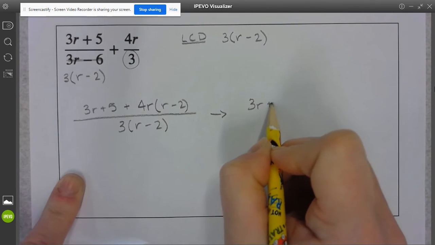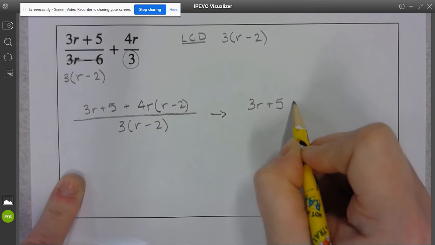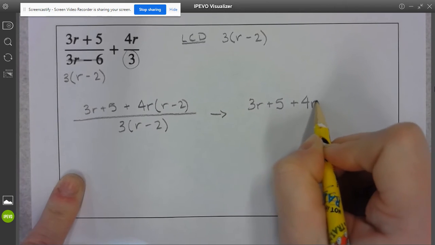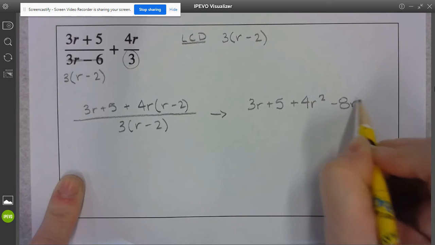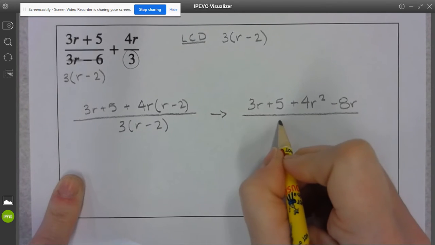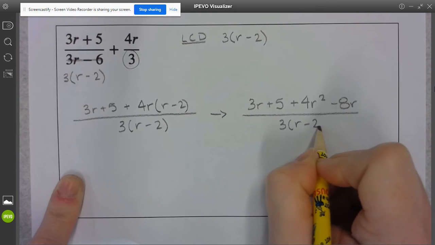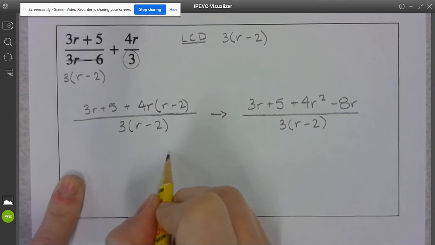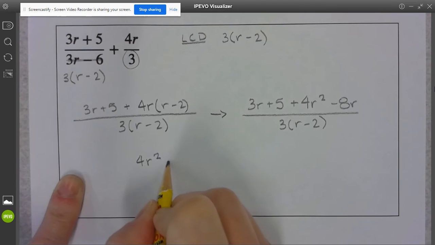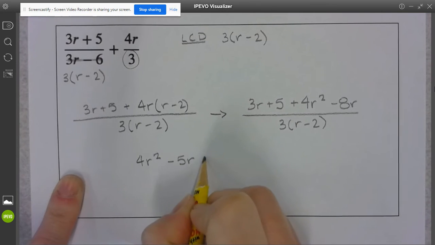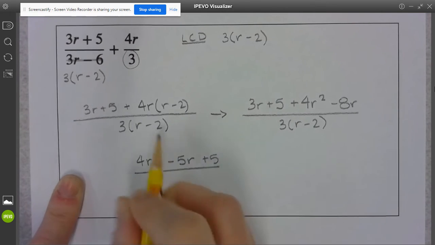So again, the 3r plus 5 does not change. And then I'm going to have 4r squared minus 8r. So I'll have 4r squared minus 5r plus 5.